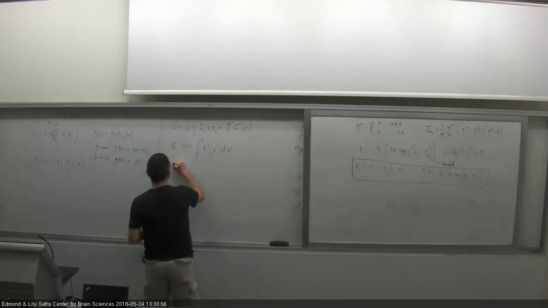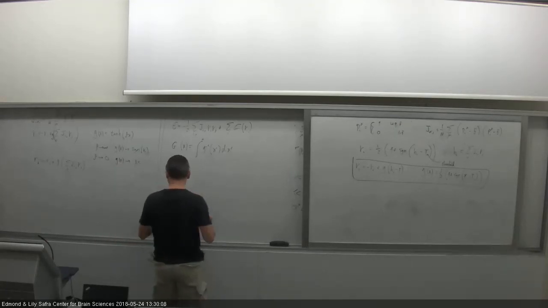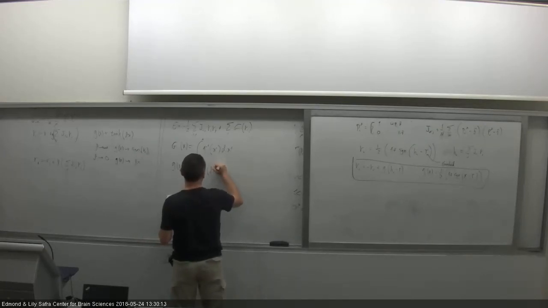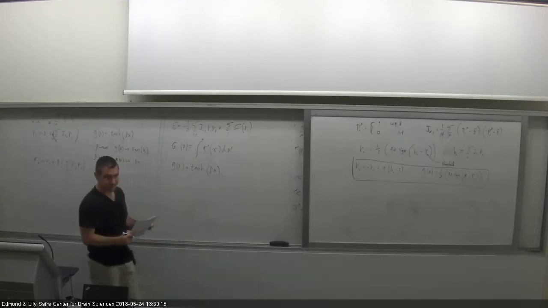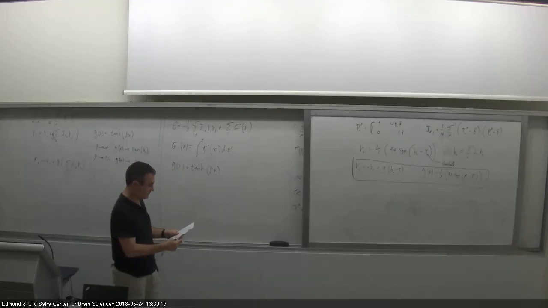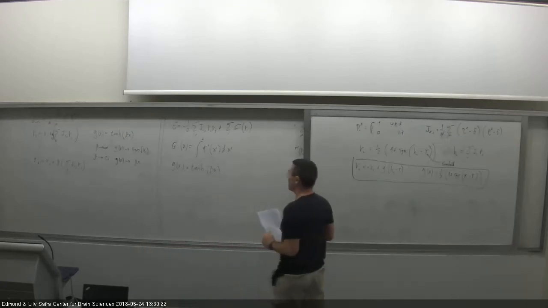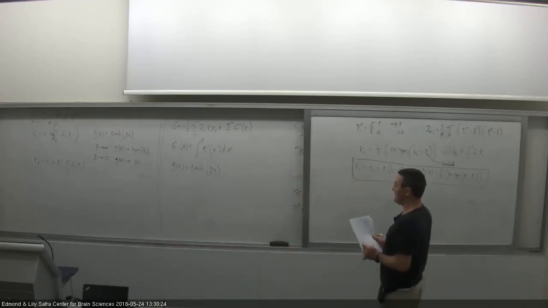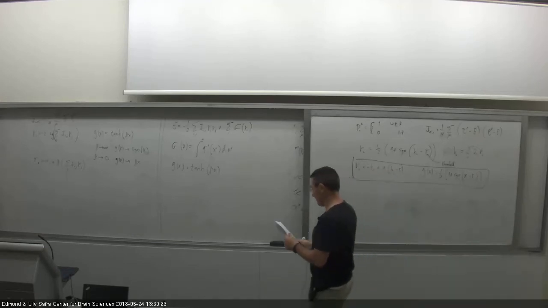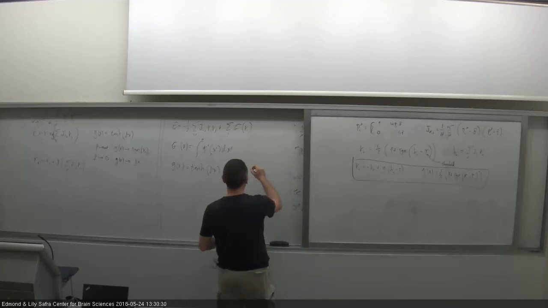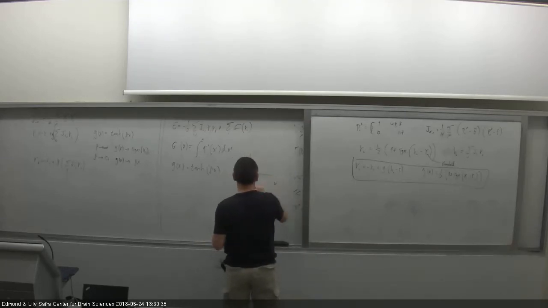So in this case, g of x is equal to hyperbolic tangent of x. Just plotting it, we have g of x and x. This is something that looks like this.